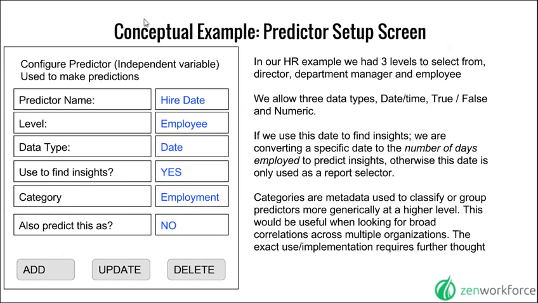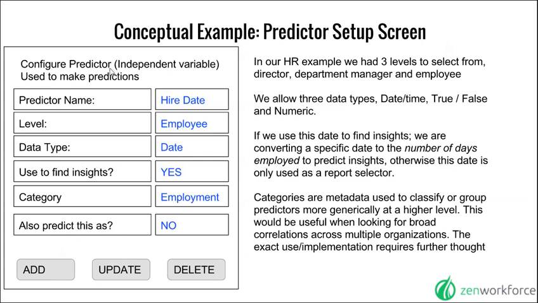So if you recall in a previous slide, we asked how could we predict promotion date using test scores? They were both on the same side of the fence, as you might recall. They were both basically predictors. So one of them had to become something that we wanted to predict. And that's where this last option comes in.